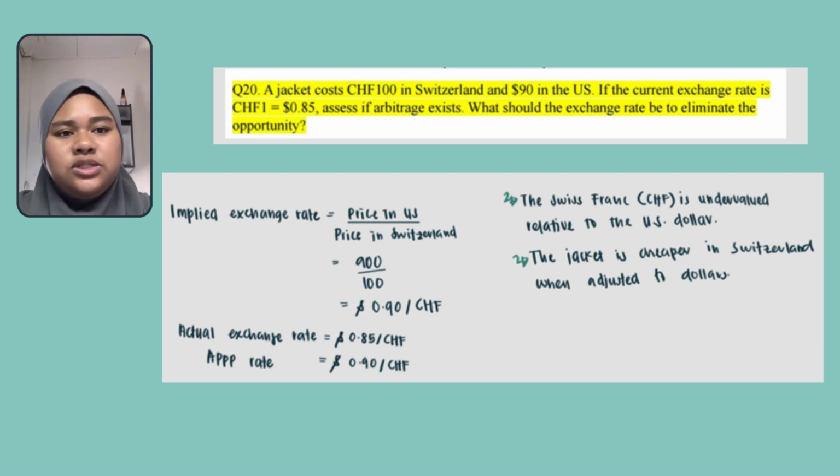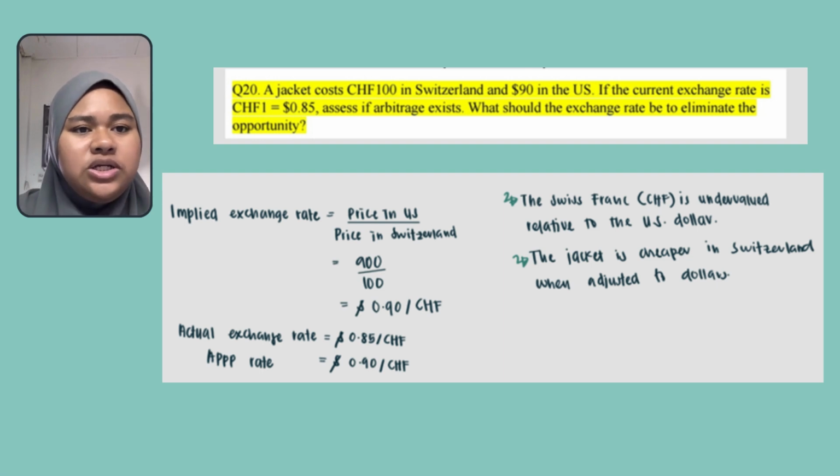The second step is we need to compare the implied exchange rate to the actual exchange rate. Here, the implied exchange rate is CHF 1 equal to USD 0.90, and the actual exchange rate is CHF 1 equal to USD 0.85.